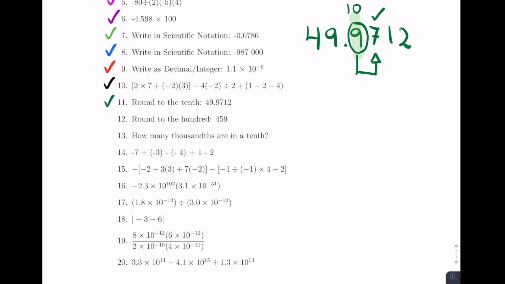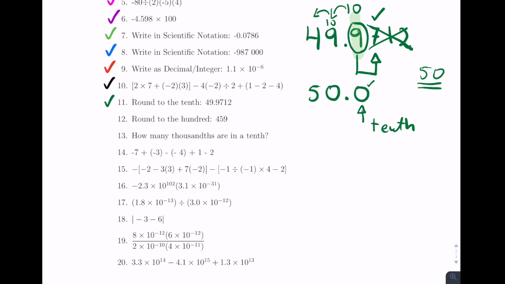But of course, I can't write a 10 there, so it carries over. And again, that 9 was 10, so it carries over. This becomes now 5, 0, 0.0. And we drop these because we only want it to the 10th. But you do keep the 0 so that you show the reader that it was rounded to the 10th. So please don't write just 50, because if you want to round to the 10th, you would keep that 0.